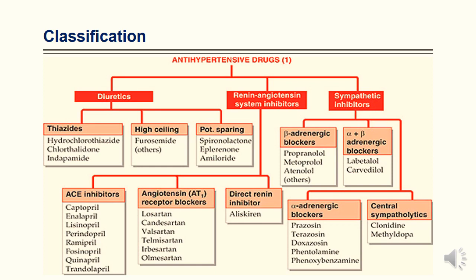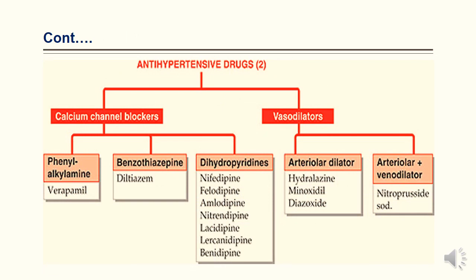If we talk about beta adrenergic blockers, these are mild antihypertensives and do not significantly lower blood pressure in normotensives. In stage 1 hypertension, in 30 to 40% of patients beta adrenergic blockers are used as a single drug. Propranolol was the first beta blocker shown to be effective in hypertension and in ischemic heart disease.